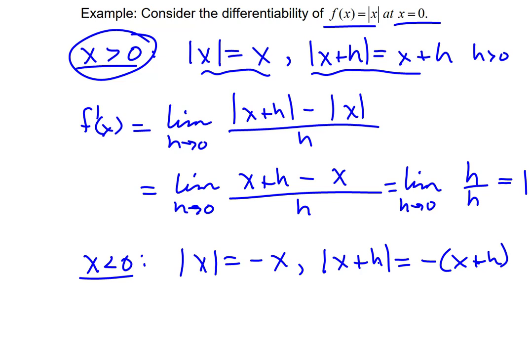If h were somehow too large, then x plus h could become positive even though we're considering that x is negative. So that's a possible problem here, but we know we can pick an h value small enough because all h has to be is something positive. It could be as small as we need it, which means we can cover the case where this will still end up with the same definition, negative (x plus h).